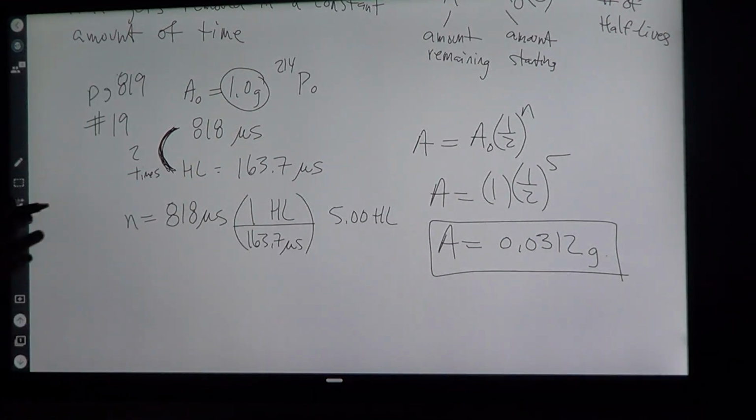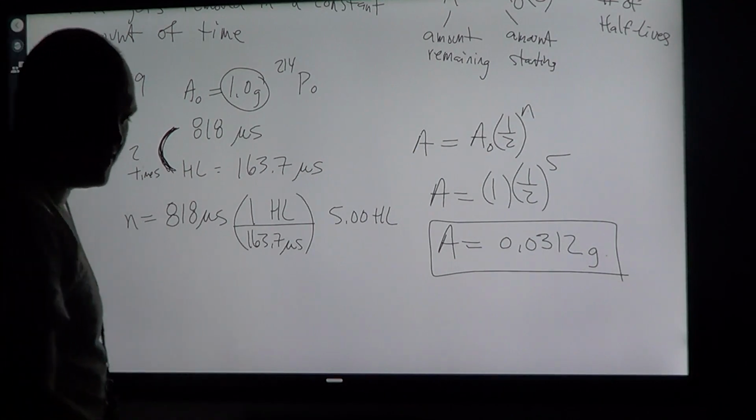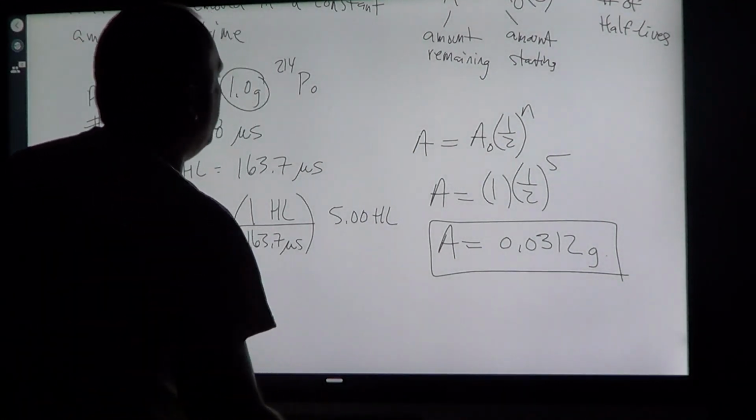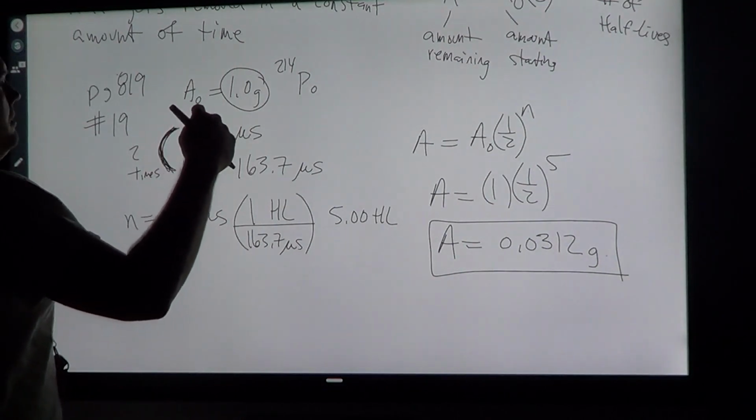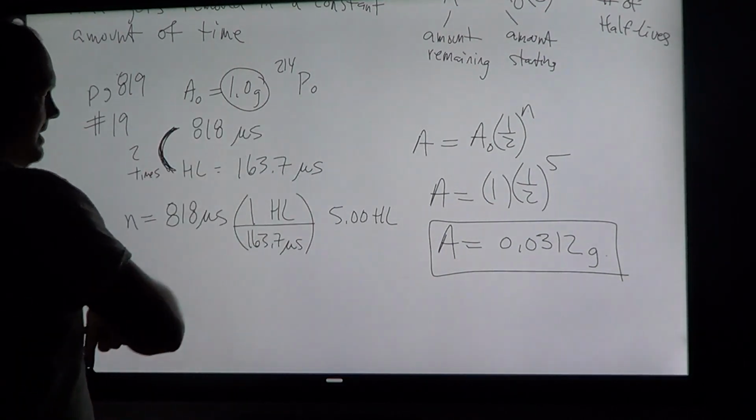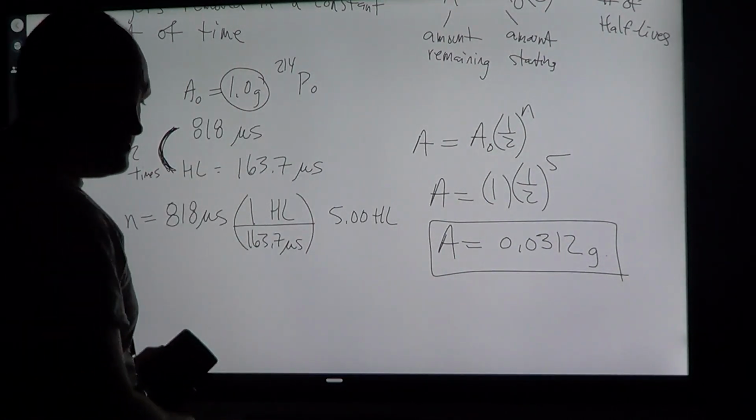If you're ever given 2 amounts, which is where we get into the radiometric dating section, it's just figuring out how old it is based off of 2 different amounts.